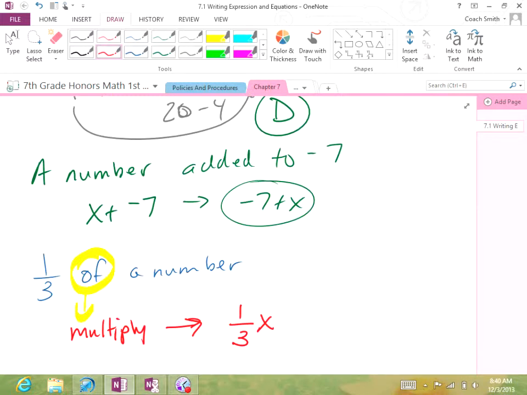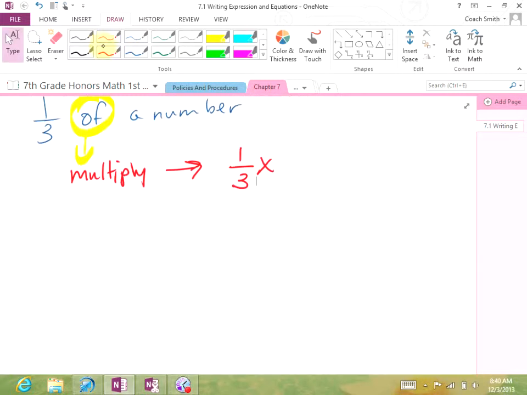Okay? How about twice a number? Multiplying, and we're doing what? Okay, so what's the answer? Okay, x times x would be raising it to a power.